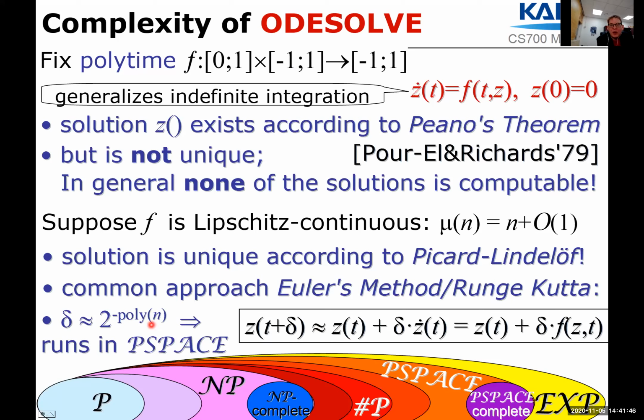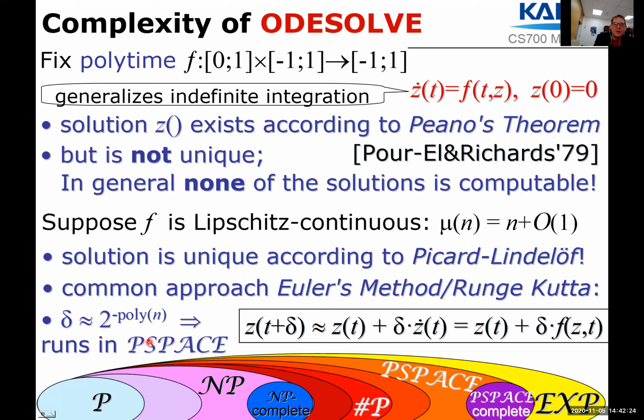And well, the running time with exponentially small step width is exponential time, but that was also true for the previous problems. But like the previous problems, one can improve that to polynomial space by reusing basically the memory storing the approximate value of the solution at the current time step and repeatedly invoking, of course, the algorithm computing the right-hand side f, so that overall this is a PSPACE algorithm.